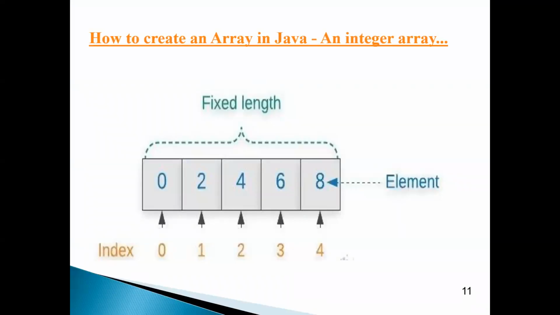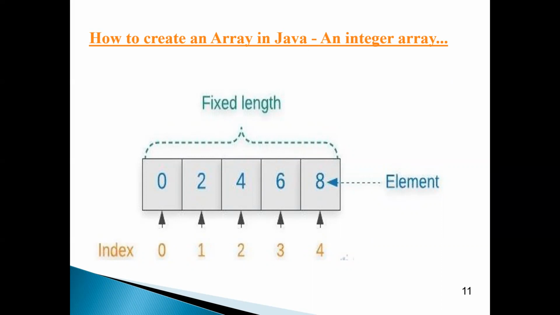Next slide, guys. How to create an array in Java, for example, an integer array. In the middle of this picture, you can see a one-dimensional array. It has a fixed length. Fixed length equals 5. Each element has its own index.